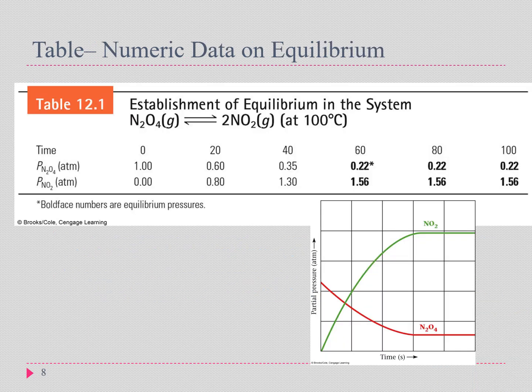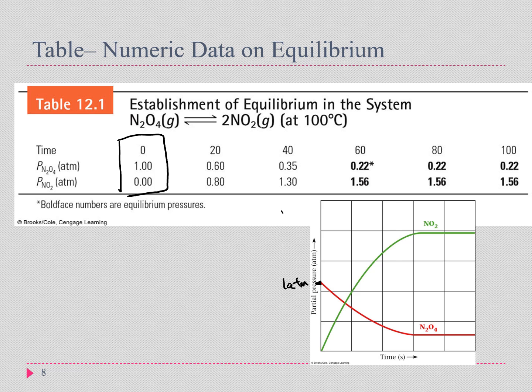Here we can see a data representation of what we're talking about with the establishment of our equilibrium. I don't know why they make figures like this, but at time 0, the pressure of N2O4 is 1 atmosphere. For some reason this right here is 1 atmosphere, though it's not on any line.